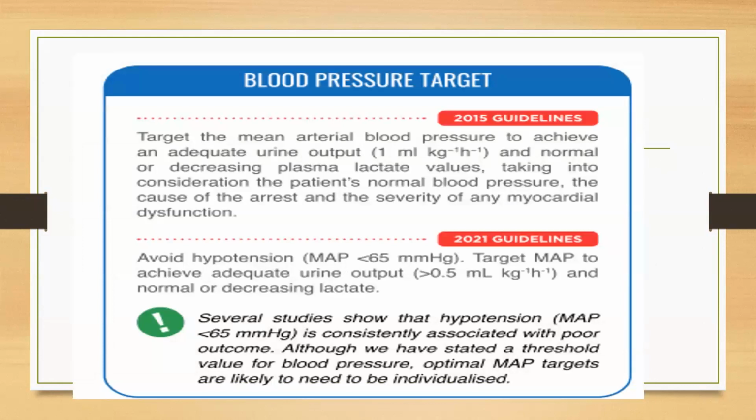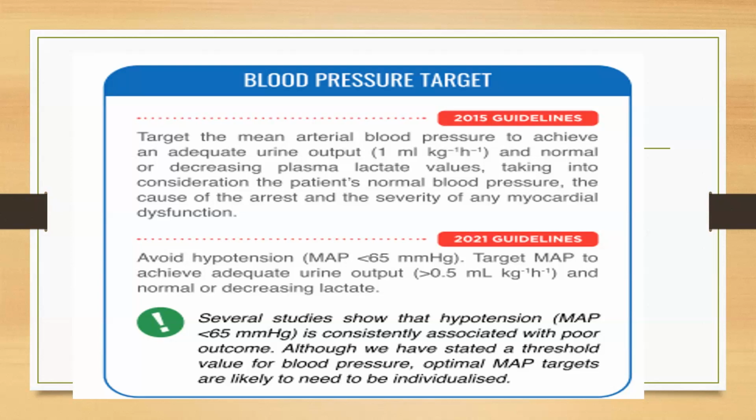About the ERC guidelines, in 2015, when they released the guideline, they set the target mean arterial blood pressure to achieve adequate urine output and normal or decreased plasma lactate values, taking into consideration the patient's normal blood pressure, the cause of the cardiac arrest, and the severity of any myocardial dysfunction.